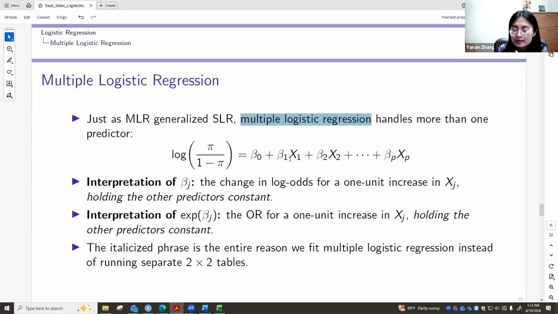First, for a simple logistic regression where we only have one predictor, we can only study the relationship between this specific predictor and the probability of events. But for multiple logistic regression, we can study multiple predictors at the same time. We can study age, BMI, systolic blood pressure, exercise, heart rate, and so on and so forth together with the probability of the outcome.